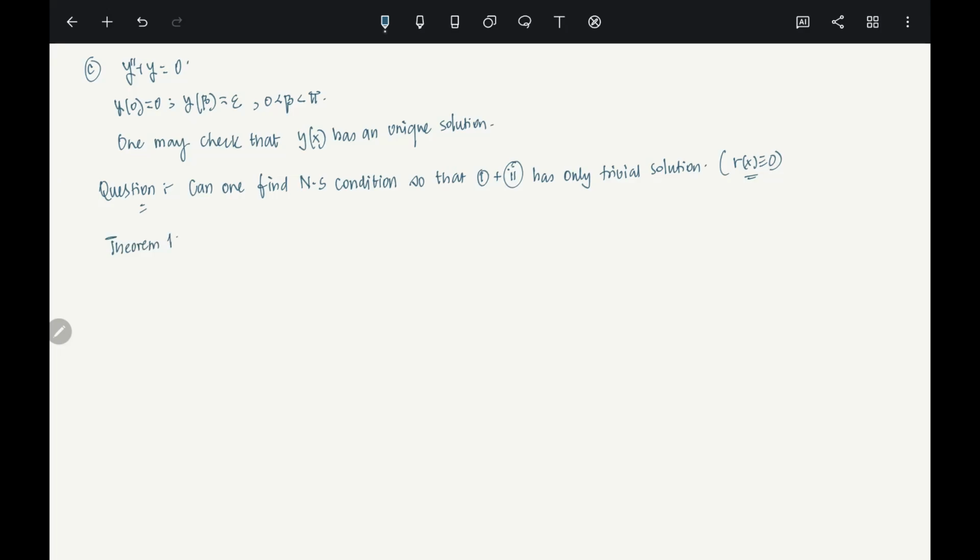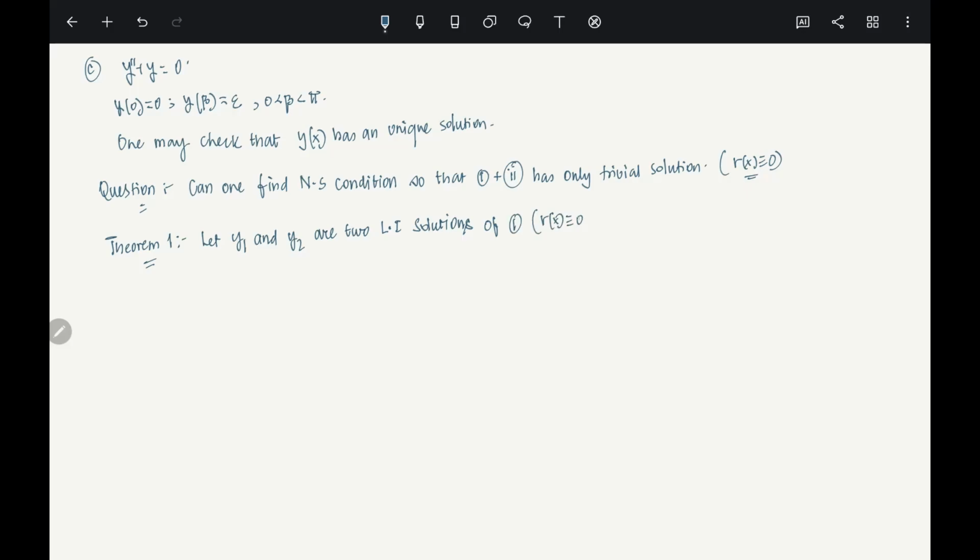Theorem 1. What is the theorem? It says, to start with, two linearly independent solutions of 1. Okay, so let y1 and y2 be two linearly independent solutions of 1, with R of x equals 0.